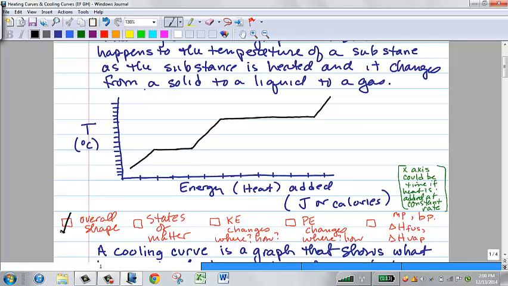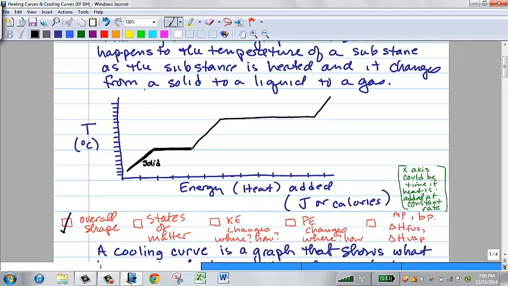Now, when I look at the curve, I should be able to tell what states of matter are present. So when the substance is at the low temperature, at the very beginning of a heating curve, the substance is generally in the solid state. And I heat that solid for a while, and it's eventually going to get to a point where the molecules are vibrating so quickly that they break their bonds and form a liquid.